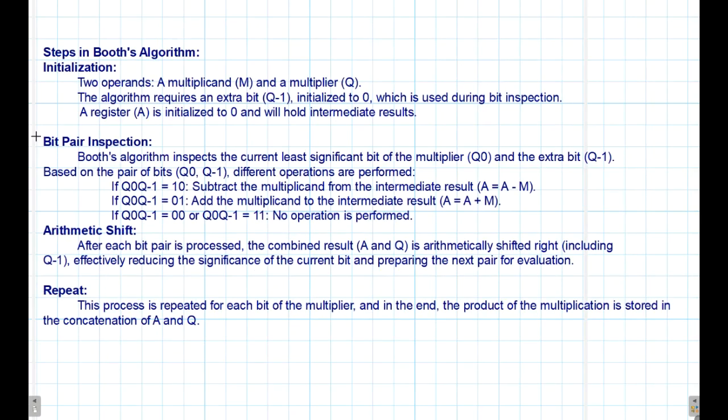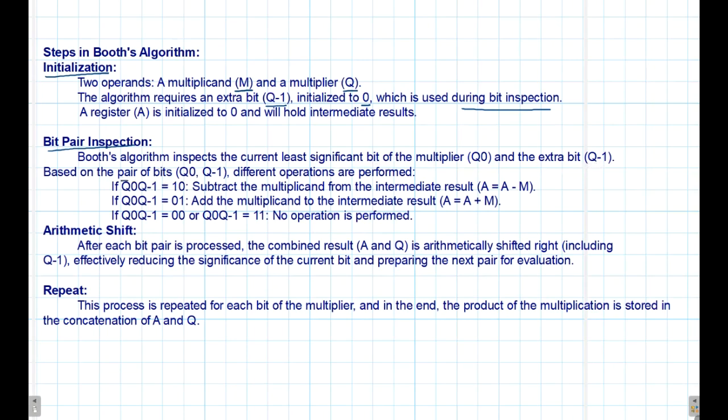The steps involved in Booth's algorithm: the first phase is the initialization phase. We have two operands, M and Q, and one extra bit Q minus 1 which needs to be initialized to 0, and this bit is used during bit inspection. The next step is bit pair inspection. Booth's algorithm inspects the current least significant bit of the multiplier, Q0, and the extra bit Q minus 1.